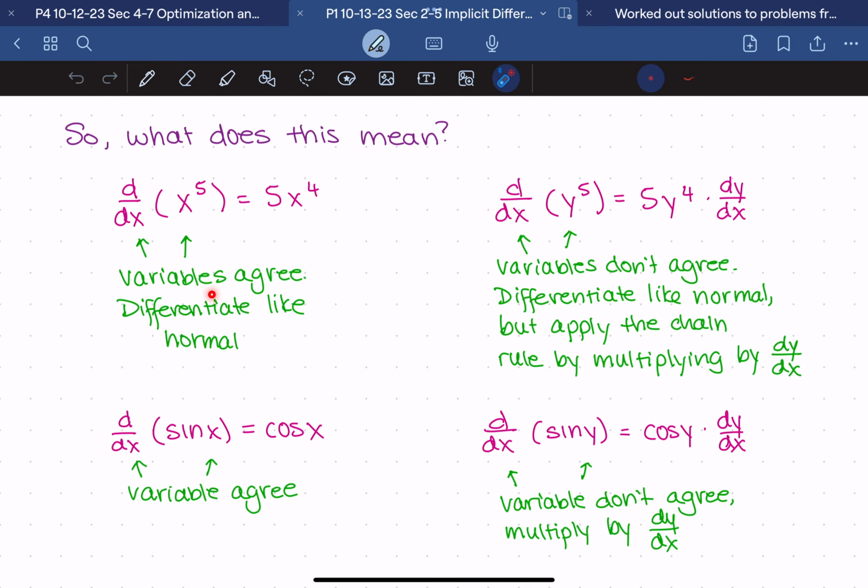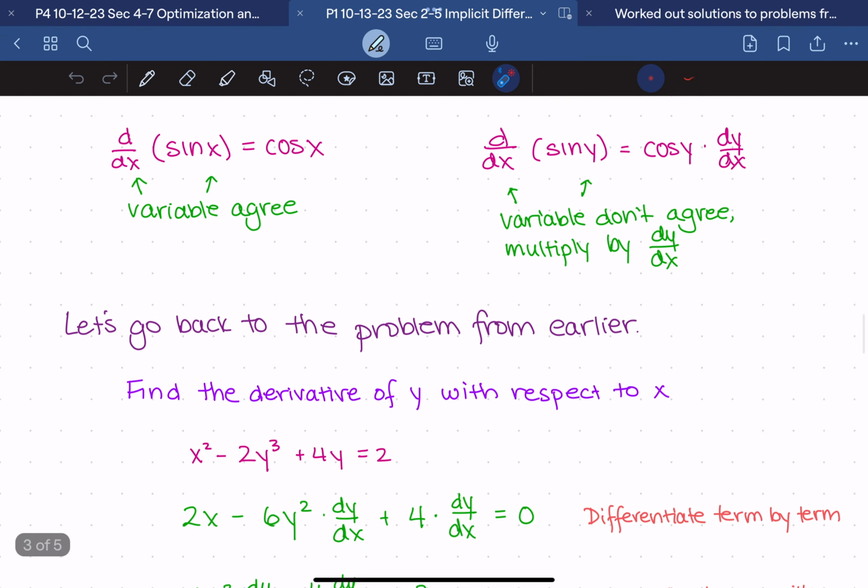So when the variables agree, you differentiate like normal. When the variables don't agree, differentiate like normal, but then use the chain rule and multiply by dy dx. That's the bottom line, and that's implicit differentiation.